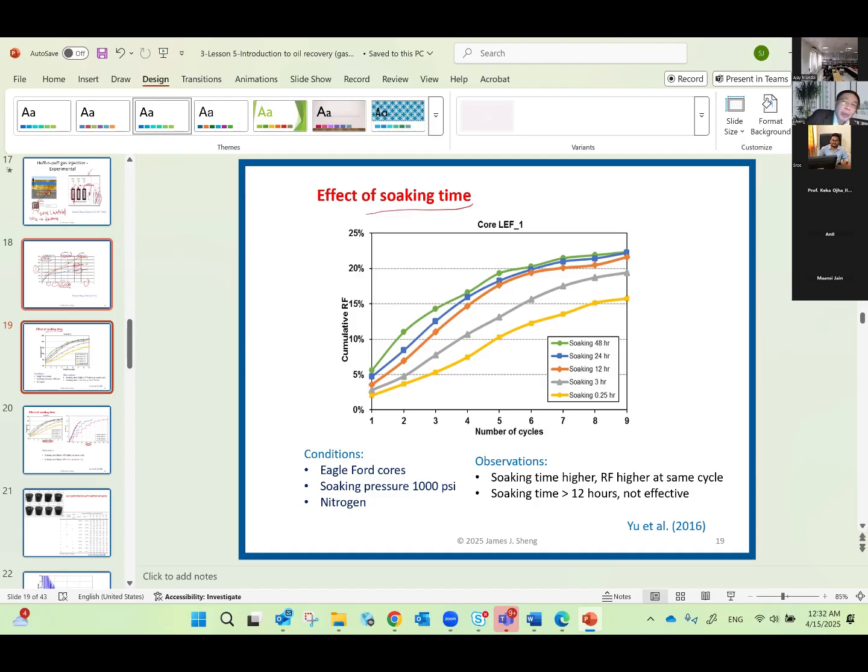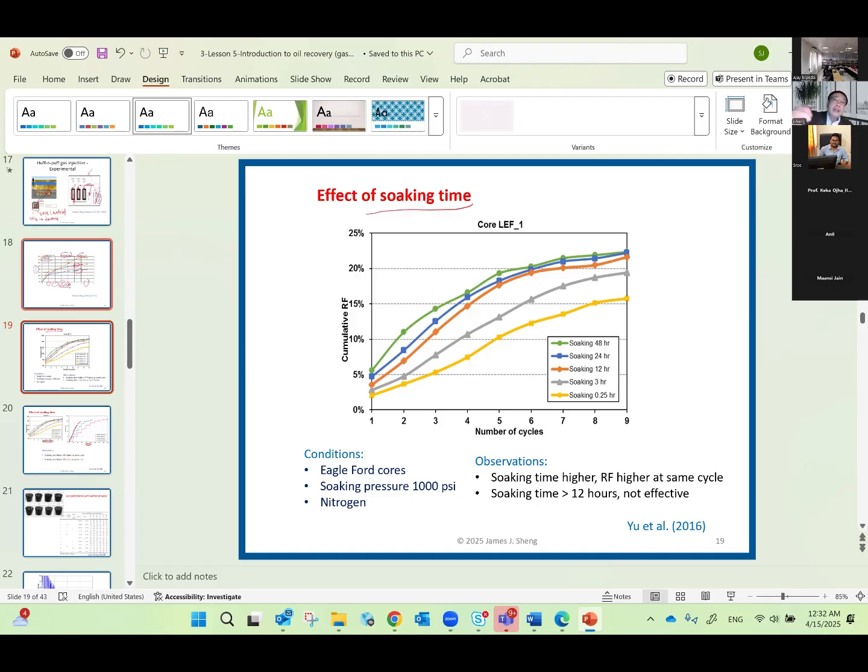But what's another problem? When you shut in the well, it takes time. During this time, basically no production, no injection. So you have to sacrifice some operation time.